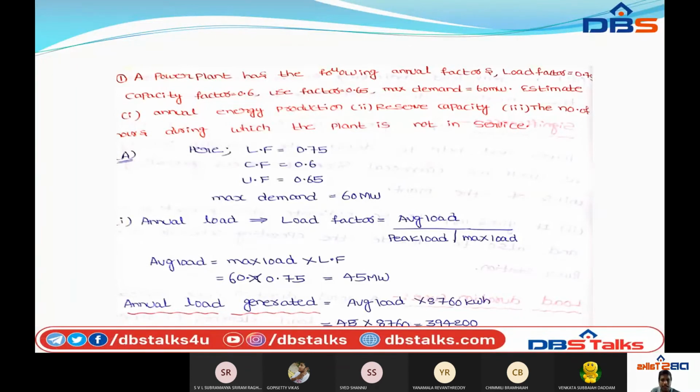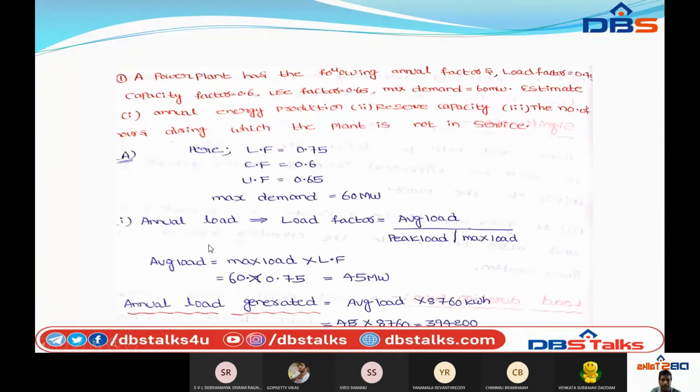Load factor is the ratio between average load to maximum load. Here I'm giving the formula to find the load factor. It is the ratio between average load to maximum load. Based on that factor, I'm finding average load.